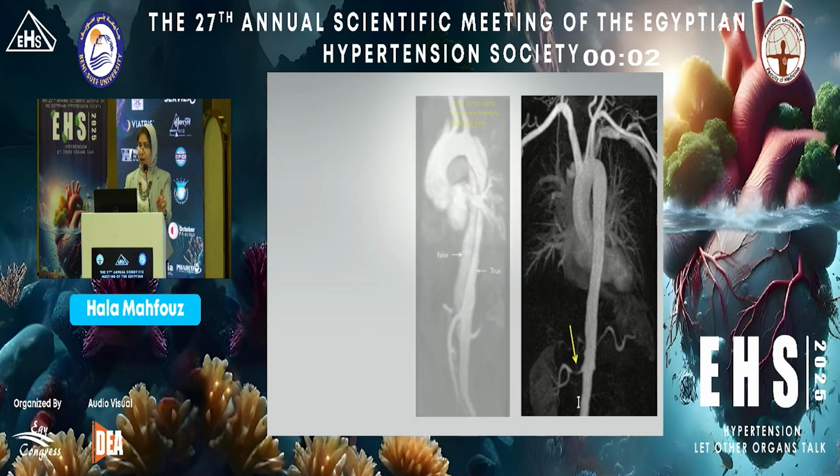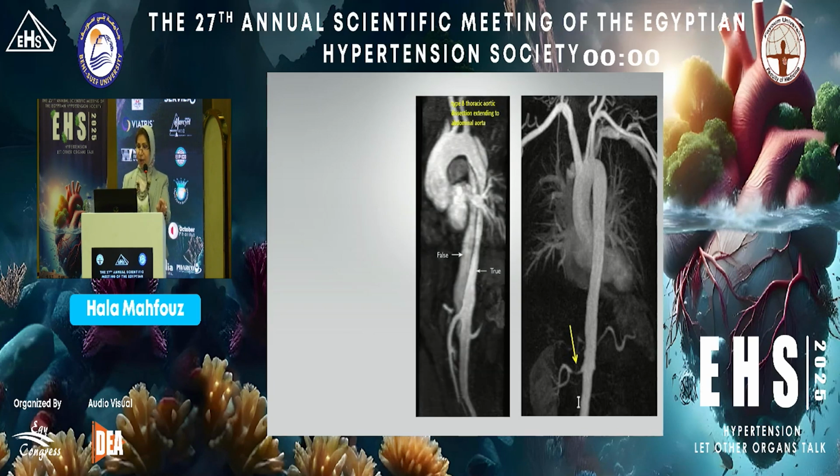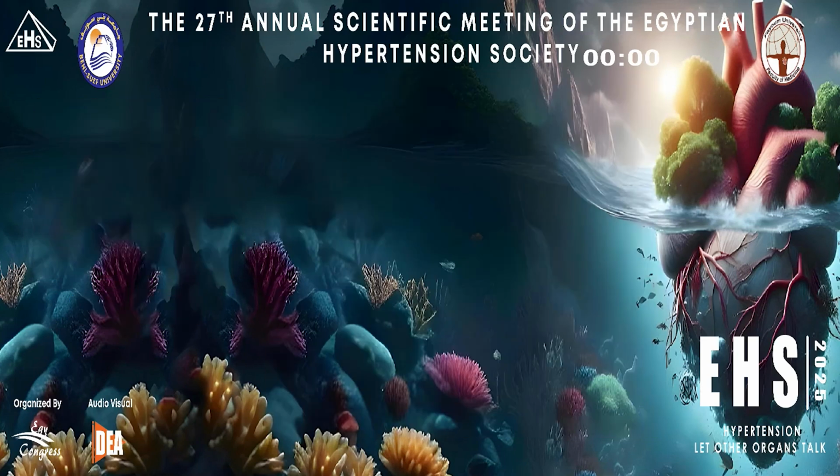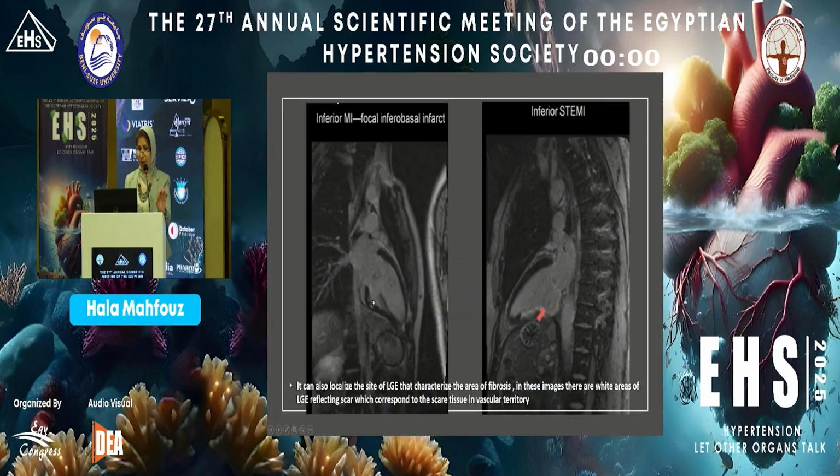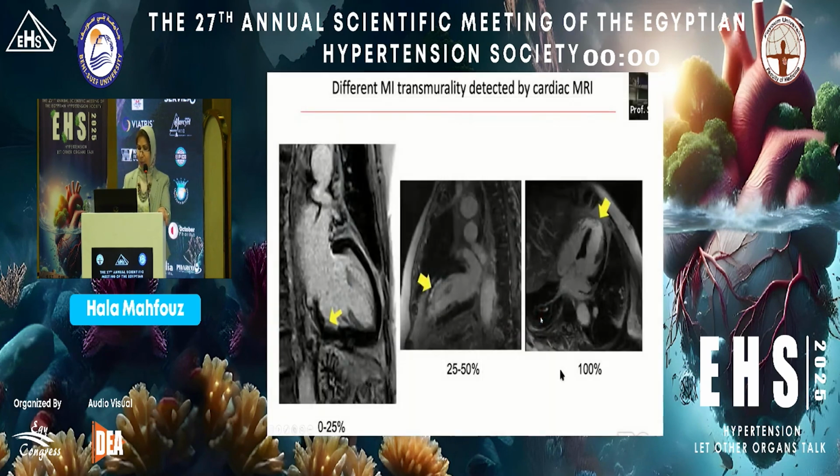But again, we can use it for evaluation of aortic dissection or a huge aneurysm, like in this example of the ascending aorta. Again, the CMR can be used also, especially with late gadolinium enhancement, to discriminate the presence of myocardial infarction, which is also capable of differentiating a small localized area of infarction versus a large area of inferior wall myocardial infarction.